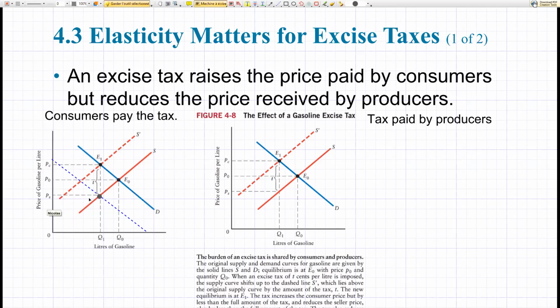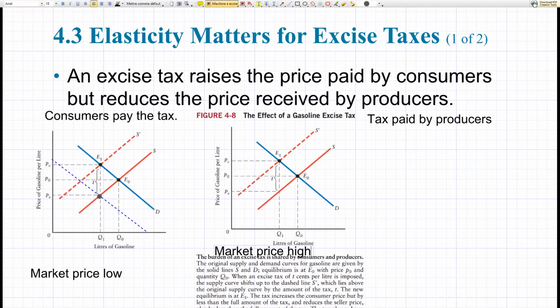And PS is what the supplier ends up receiving. They receive much lower because here the market price is low. So I can write here market price low. And here the market price high. That's the only difference.